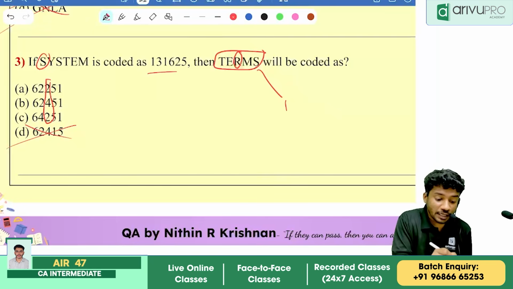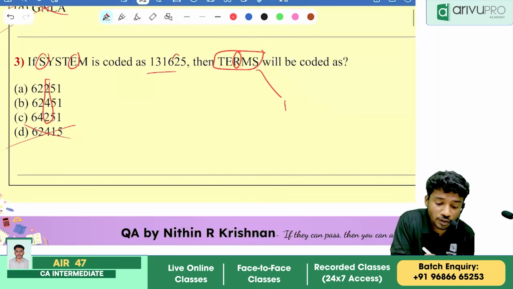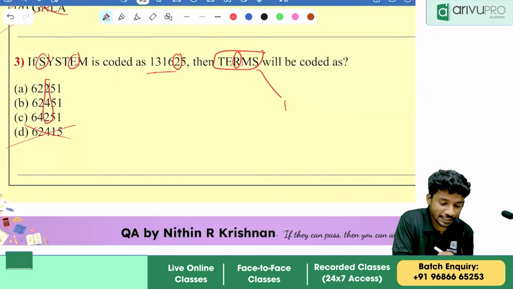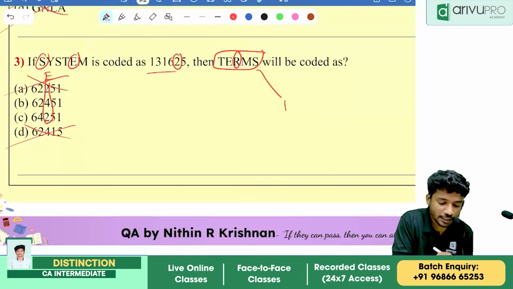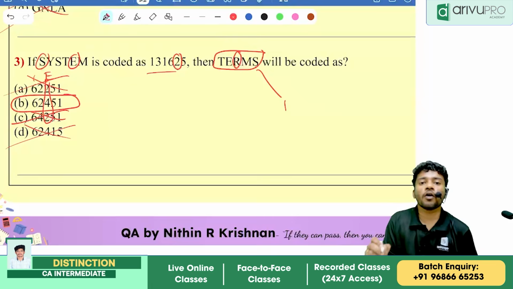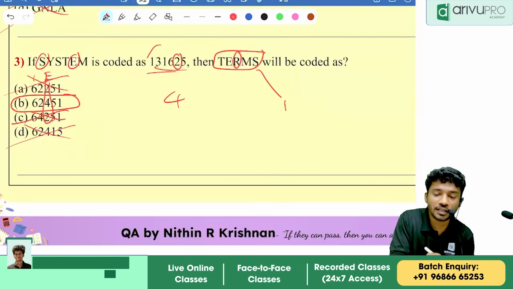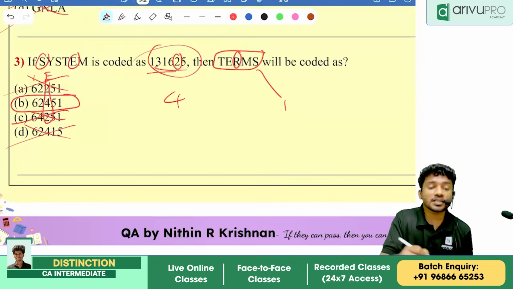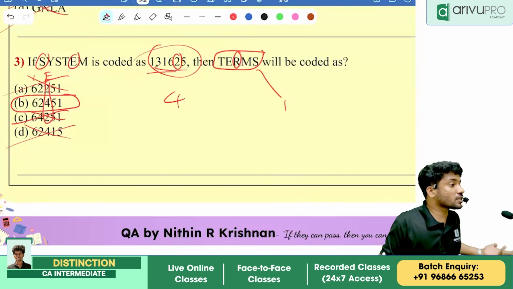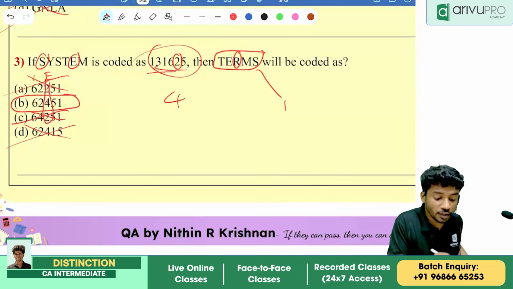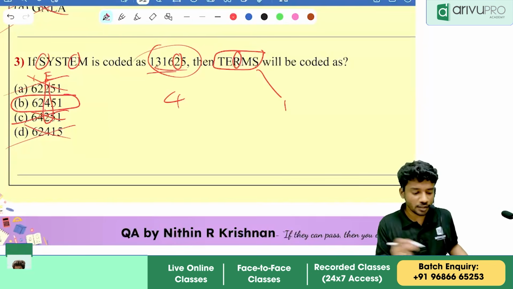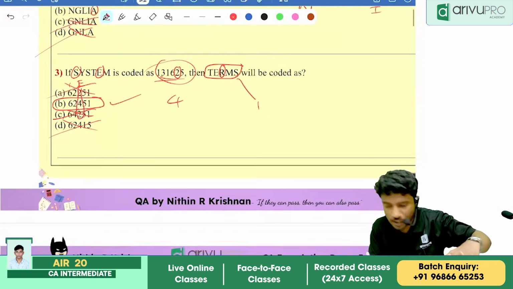No. But we know that E is 2. That means here it should have been E. Wrong. So which should be the answer? Option B is the only possible answer. Why? Because 4 is not given in the code. That R is outside the code. That means 4 is the number which is outside the code. Answer is option B.